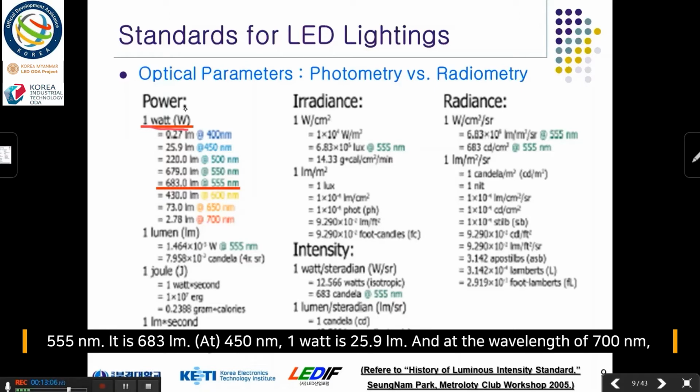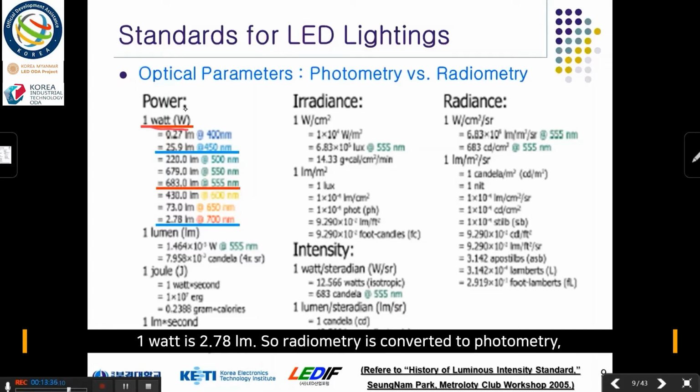At the wavelength of 450 nanometer, 1 watt is 25.9 lumen. And at the wavelength of 700 nanometer, 1 watt is 2.78 lumen. So radiometry is converted to photometry with various values according to the wavelengths. It is very complicated and a very important point.